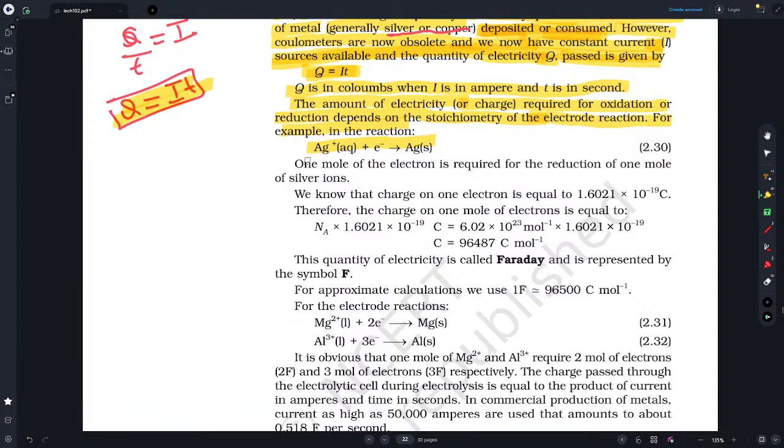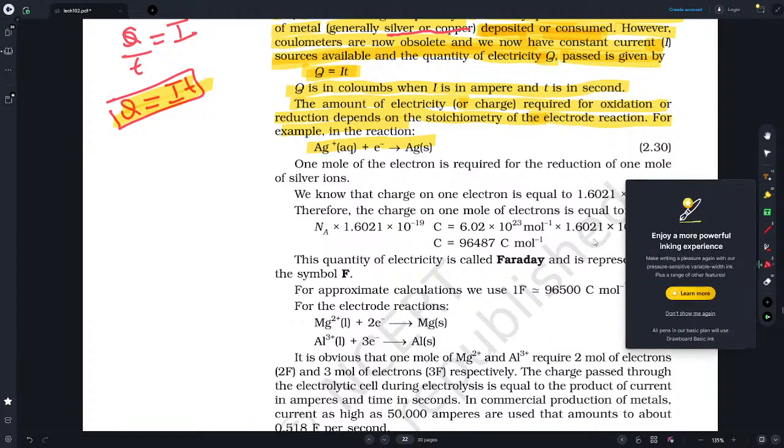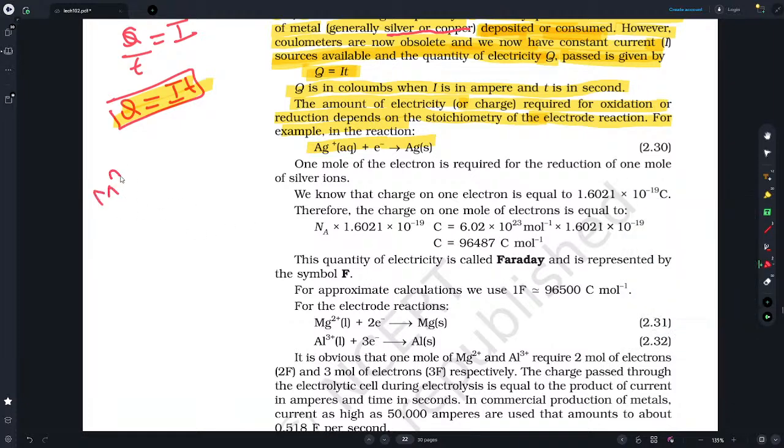If there is a metal with n plus charge, we need n electrons to completely reduce it. How many electrons we need to add depends on the stoichiometry, meaning the coefficient. If there are 3 metal ions, there will be 3 times n.